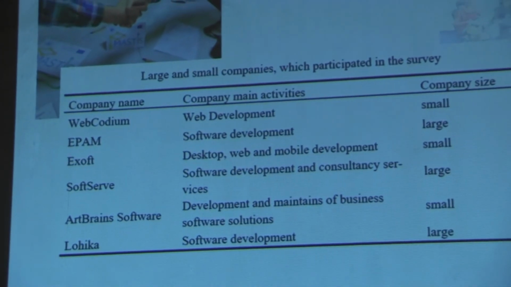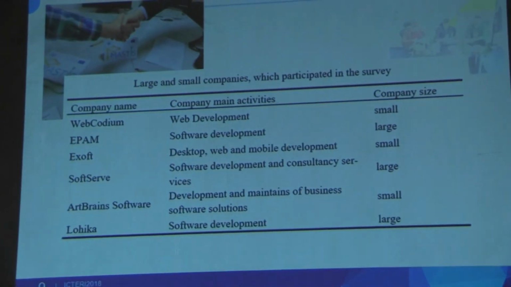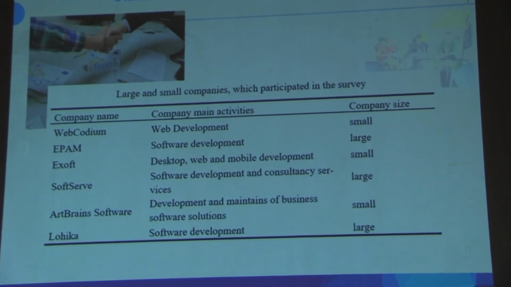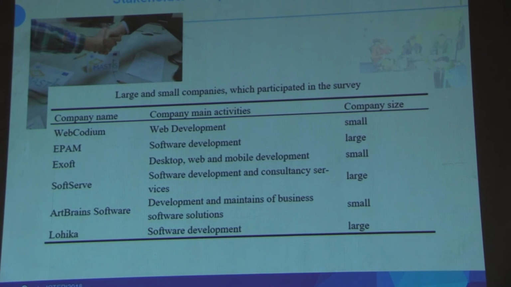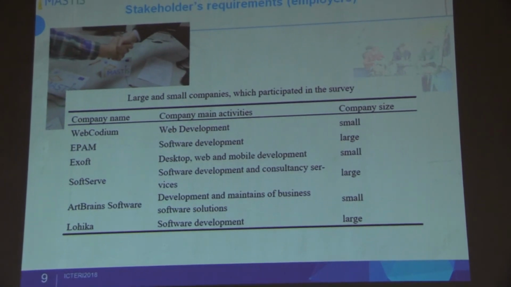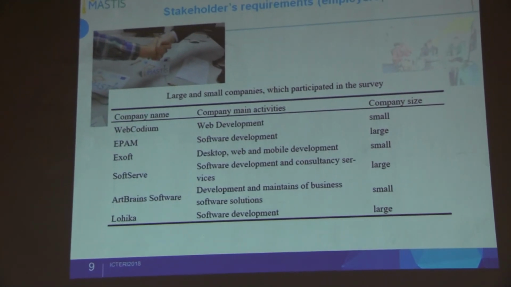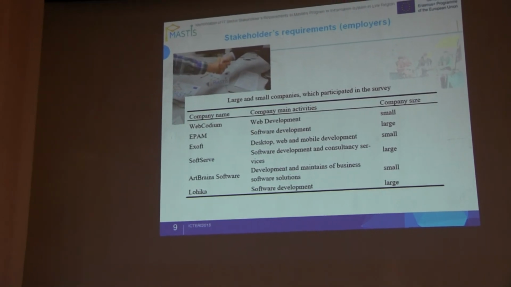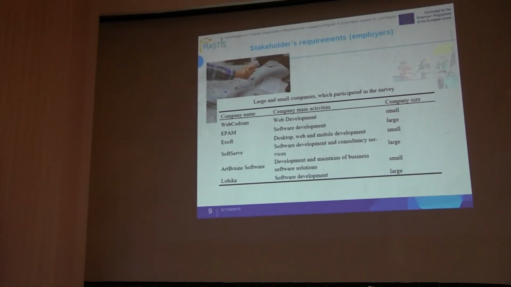We chose 6 IT companies in the region because they are the most popular employers for our graduates. 3 of them are big companies, more than 400 people, and 3 of them are small companies, less than 100 people. A series of meetings was organized with each individual company.